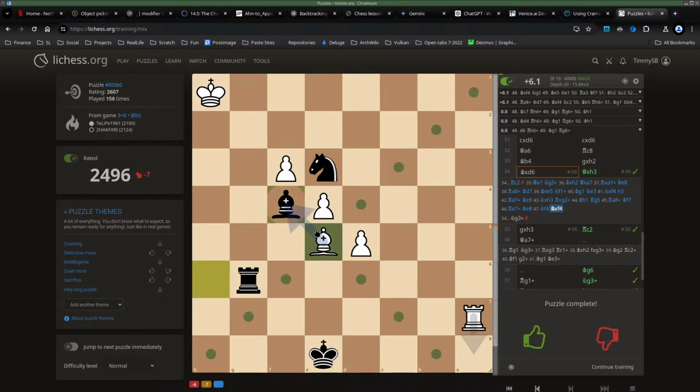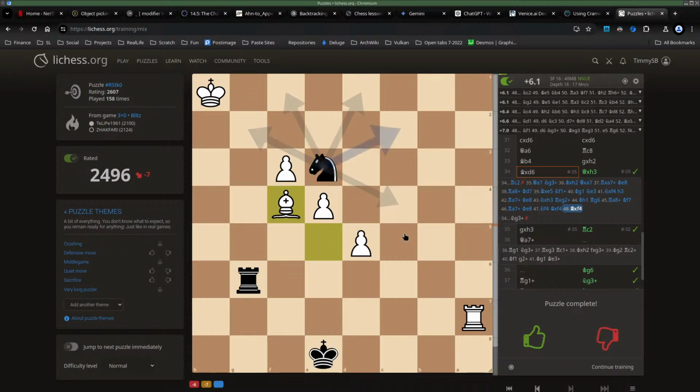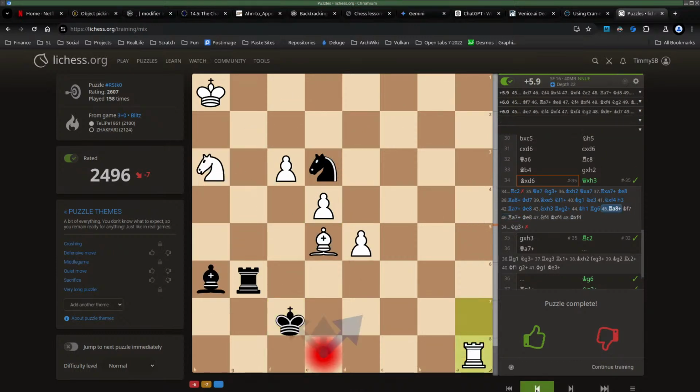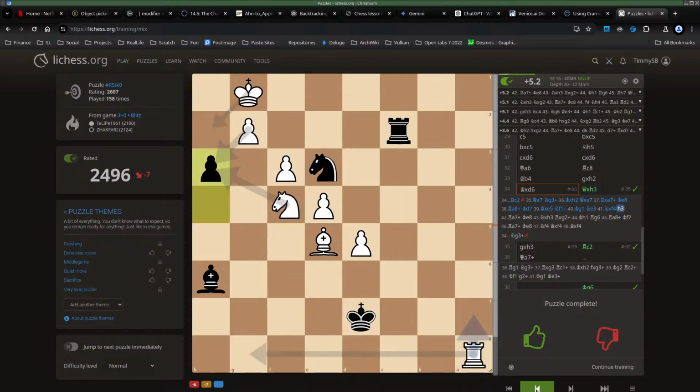And exchange all pieces. And now we have three pawns up. And now I see that it is plus 6 because white is winning. I'm such an idiot. So black is not winning.